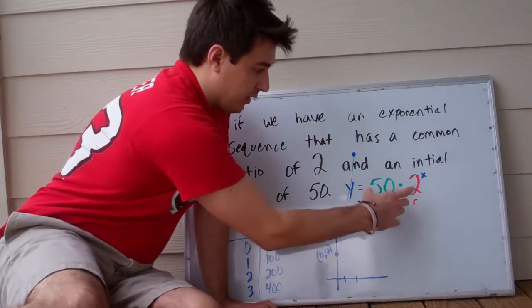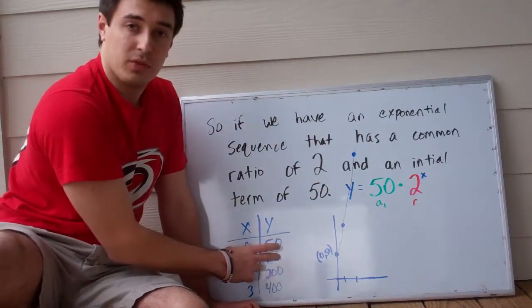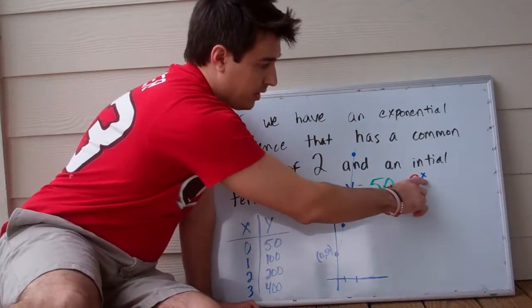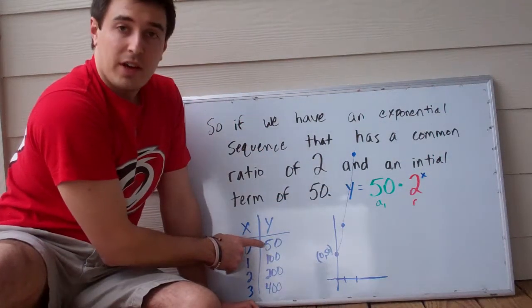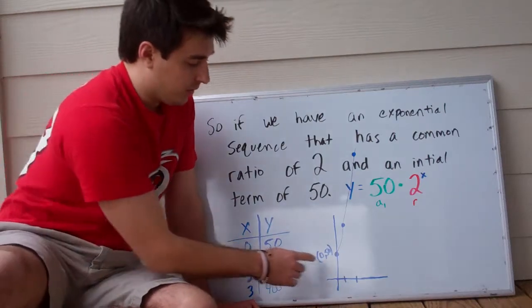I've made a table that helps us describe this. So when x equals 0, our y value becomes 50, which becomes our starting point of our geometric sequence.